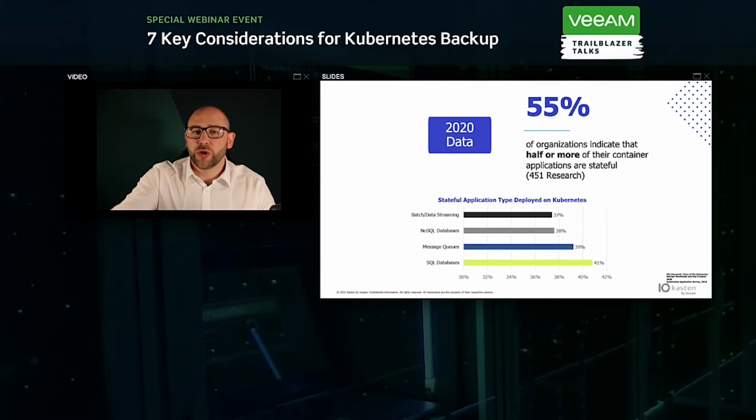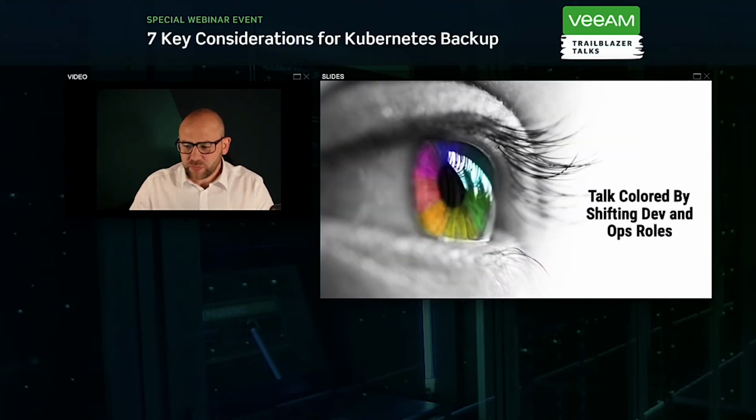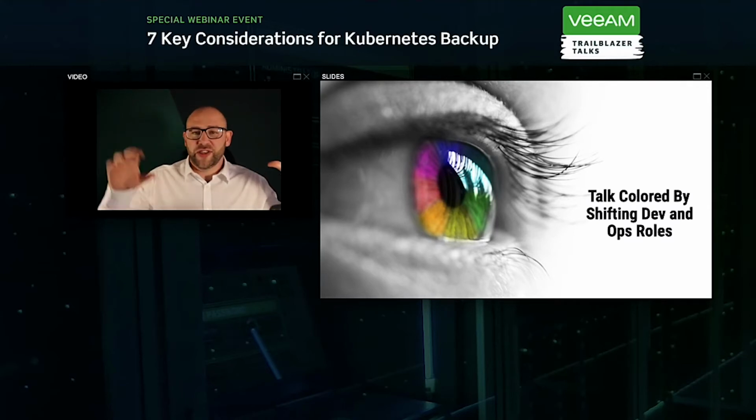What happens if you lose that database, that messaging queue, especially from an audit or security point of view? So this is where we've seen over the last few years a massive rise in stateful workloads being delivered and working on Kubernetes itself.